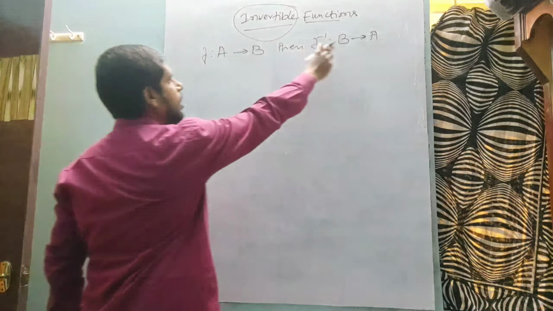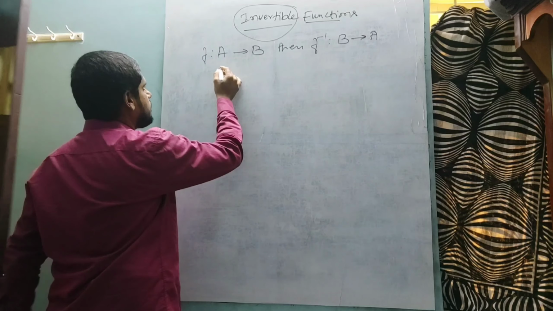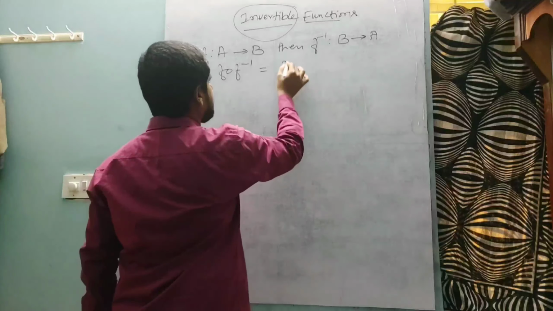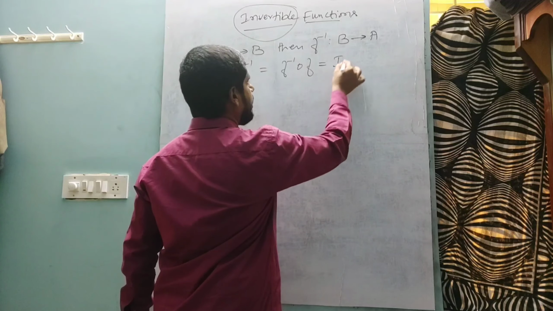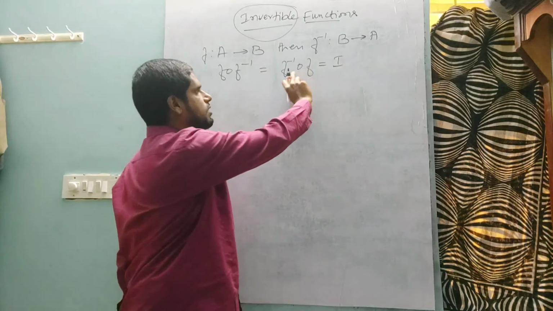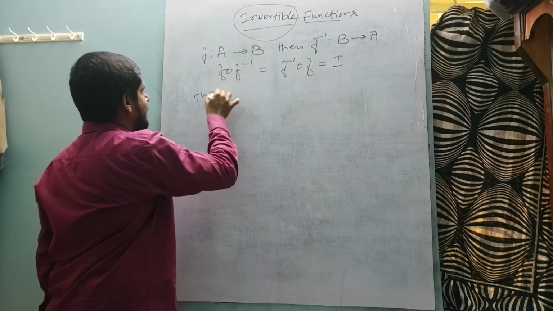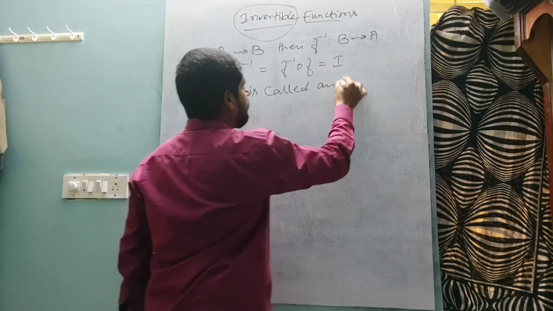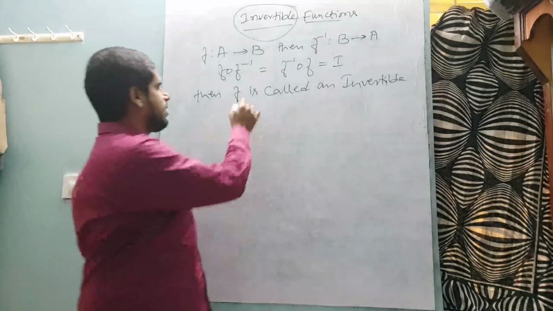If I take the composite of these two functions, that is f of f inverse, or I can write f inverse of f, and the answer is an identity function, then f is called an invertible function.